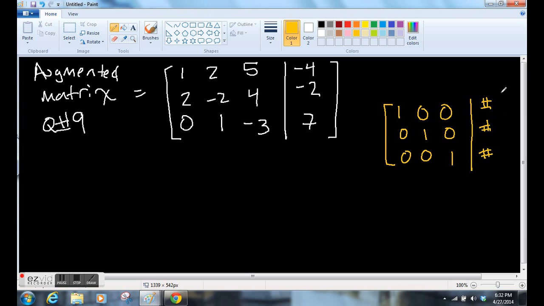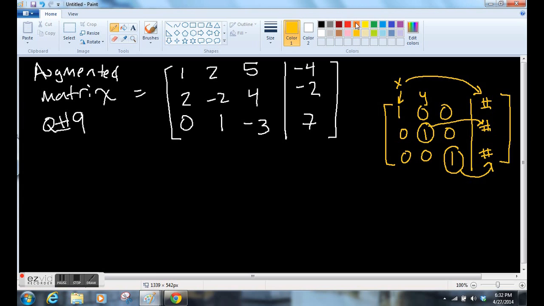If we can get it to look like this, then we will know that x is this number, y is this second number, and z is this third number. So now we're going to manipulate this matrix. We're going to add and subtract the rows in combinations to get it to look like this. I call it the identity matrix. I don't know what the book calls it. We want the 1s on the diagonal, 1, 1, 1, and the 0s everywhere else.